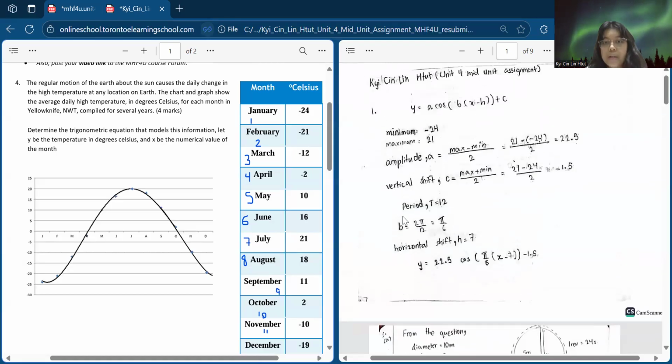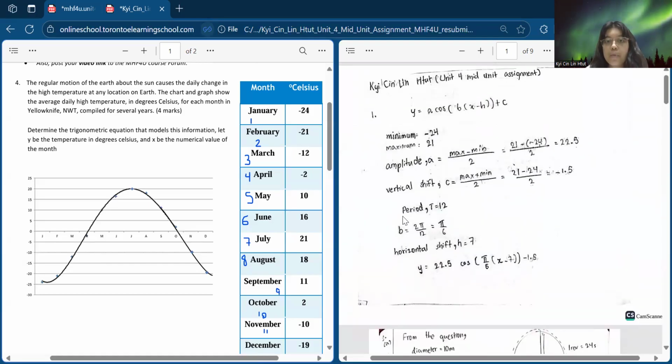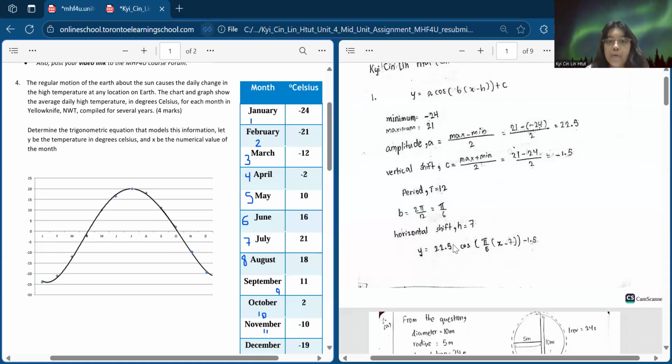And from the period, I also use the general formula, which is if I want to find the b, it's 2 pi by T, and T is 12, so I substituted T into here, and I get pi by 6 for the b value.